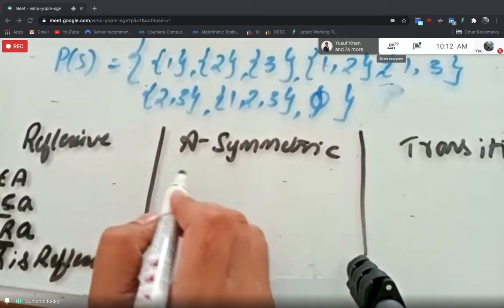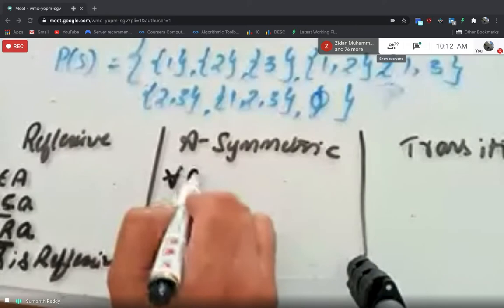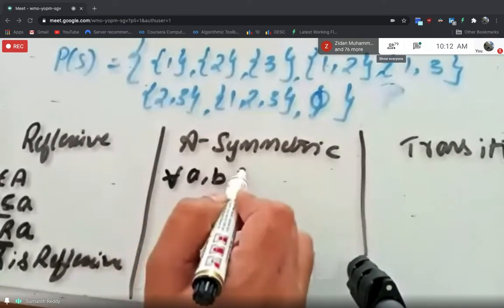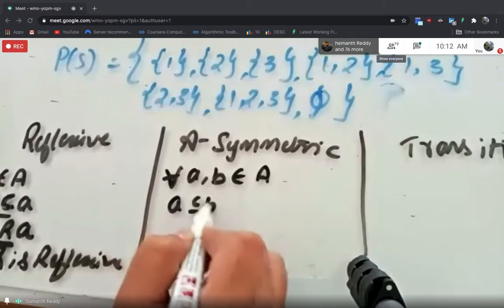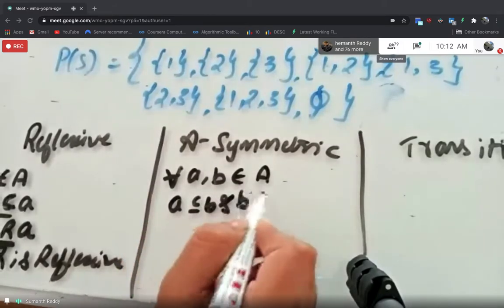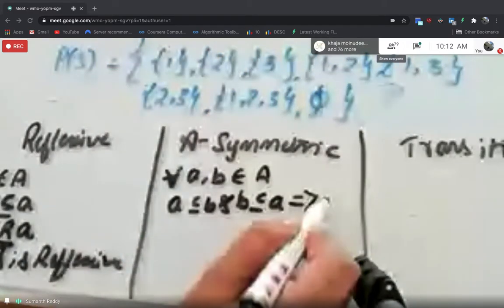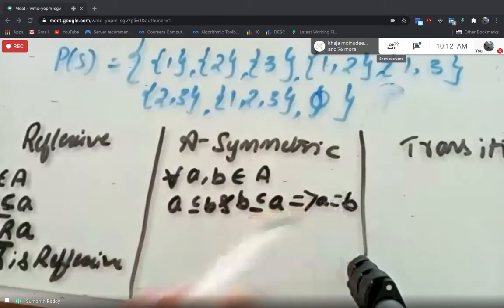And for the antisymmetric, for every element A, B that belongs to the set, if A is a subset of B and B is also a subset of A, it is possible only when A and B are equal. Will you agree with that? When I started this module 3, when I was explaining the Cartesian product, I told you I would prove all the theorems using the antisymmetric property.